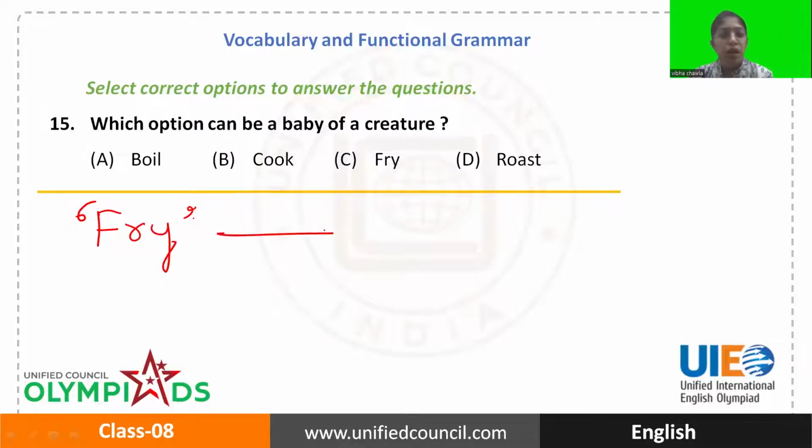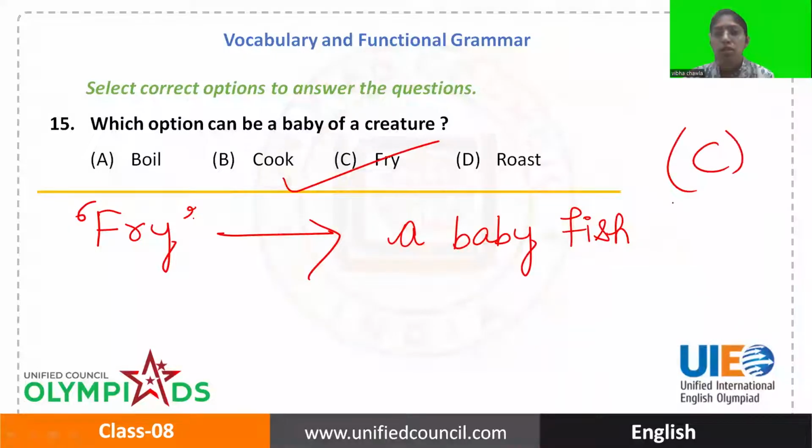Fry is a baby fish. Okay, it is option C. One meaning of fry is the cooking verb. Another meaning is baby fish. Baby fish is also called fry. That's why option C is the correct answer.